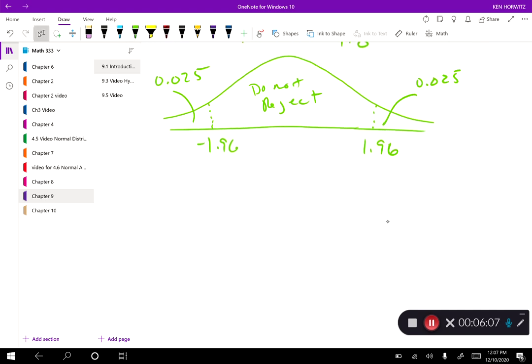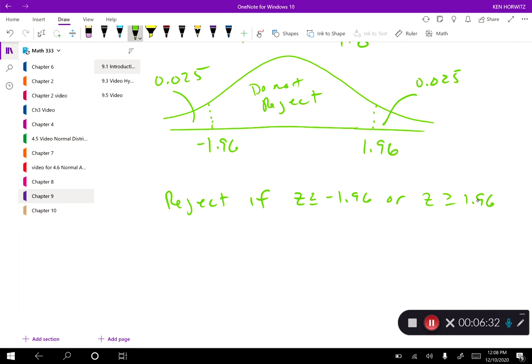And we know that we reject if our test value is less than or equal to negative 1.96, or our test value is greater than or equal to 1.96.